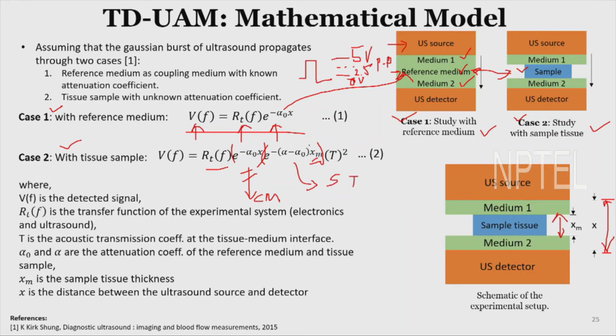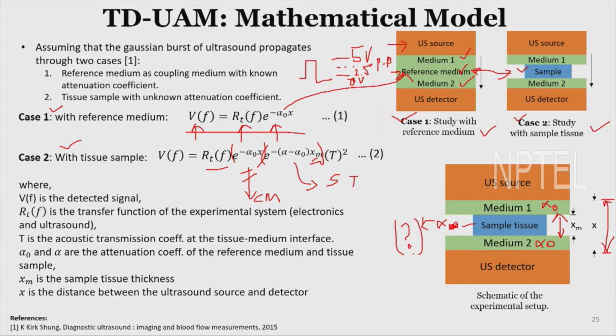For the coupling medium, the attenuation coefficient is alpha naught, and we know this alpha naught, while for the sample tissue it is assumed as alpha over here, but this is what we do not know. We still do not know what alpha is, that is the attenuation coefficient of the sample tissue.